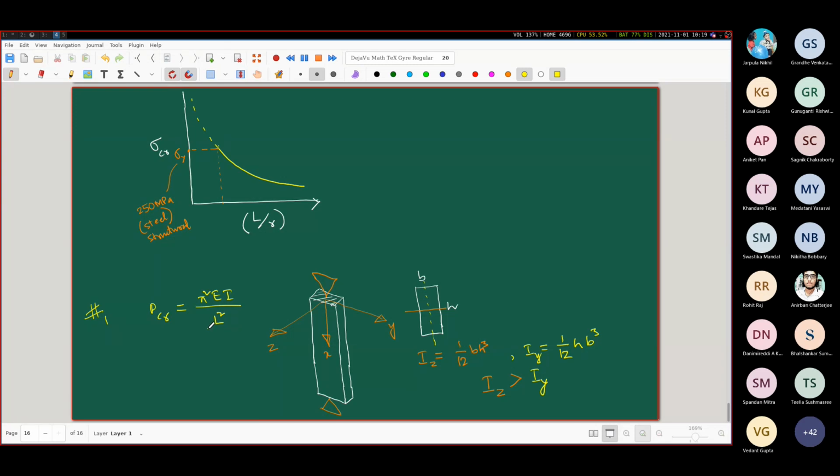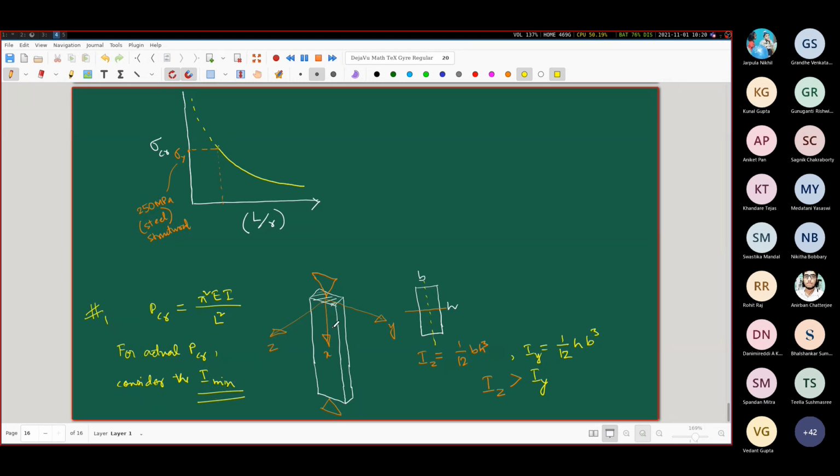So which one should you be considering for critical conditions? We should be considering IY. Very good. So for actual P critical, consider the I minimum. This is very, very important.